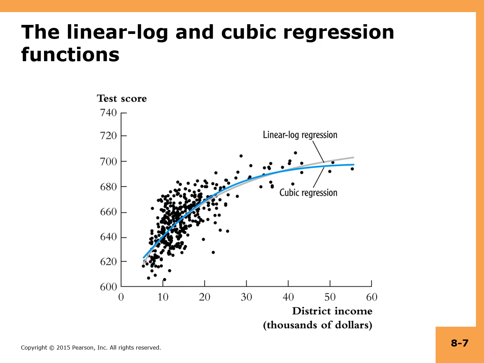Let's compare how the log transformation performs against the polynomial model. In this graph, we're plotting the data points as well as the linear-log regression model that we just estimated and the cubic regression line. Just by looking at it, both of the lines are fitting the data pretty well.